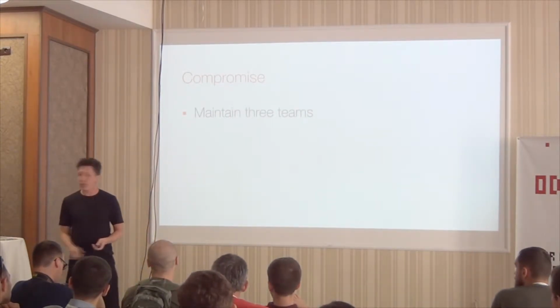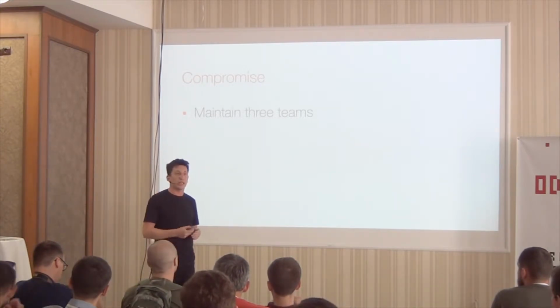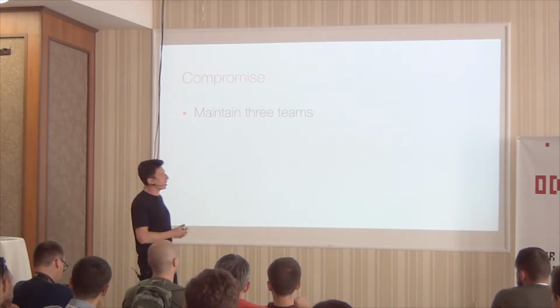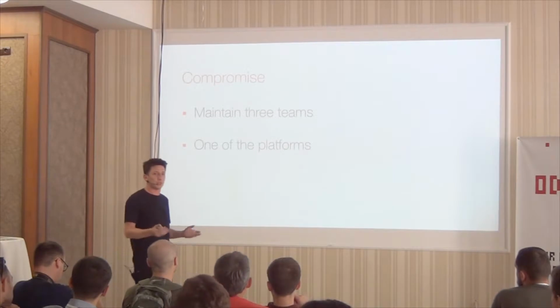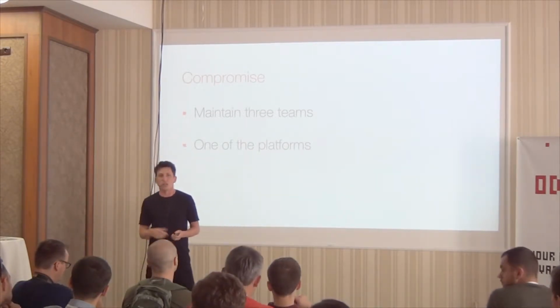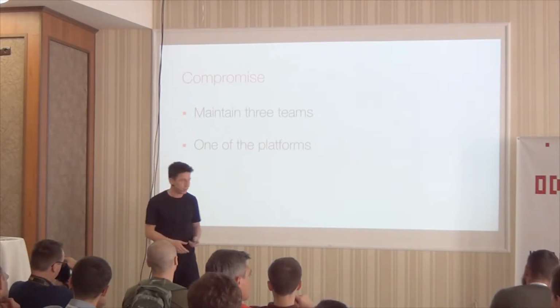So they can compromise on 3 things. They can compromise on the money and time and really maintain 3 different teams. They can compromise on one of the platforms. I'm sure you're familiar with lots of startups that are doing the iOS app first and then catch up with the Android app, or vice versa.